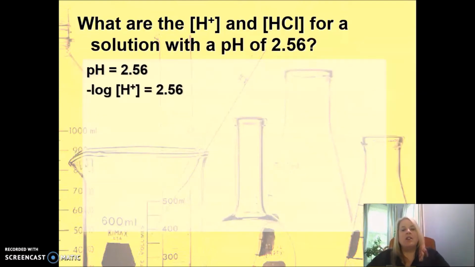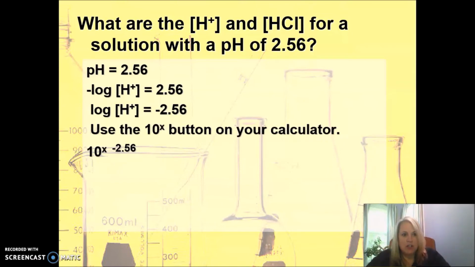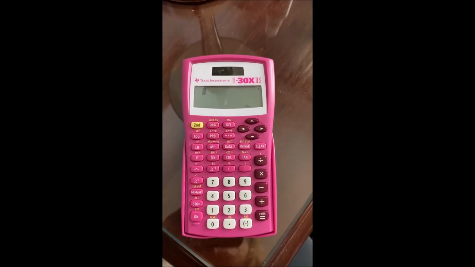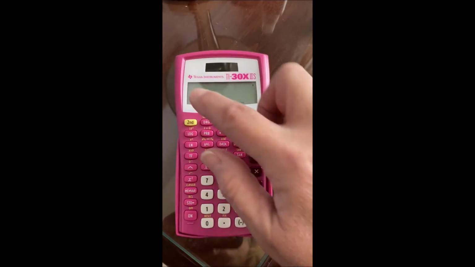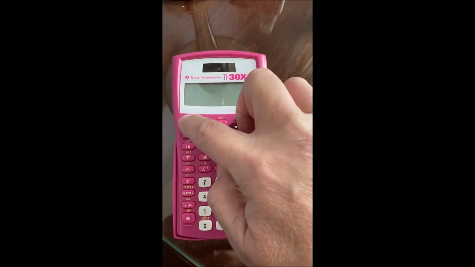In your calculator, we want to know what is the hydrogen ion concentration if I have a solution of hydrochloric acid that has a pH of 2.56. Hit the 10^x button and then type in negative 2.56. To get the hydrogen ion concentration from pH, you simply do the opposite of the log, which is 10^x.